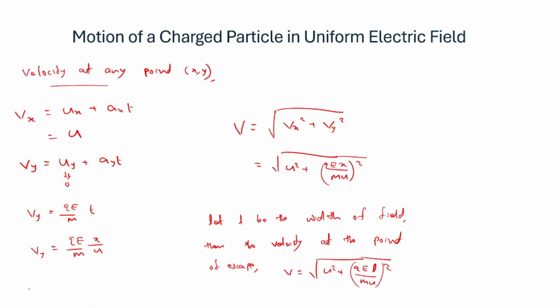So we can say that the particle will leave the region or the field in the direction of tangent to the parabola at the point of escape.